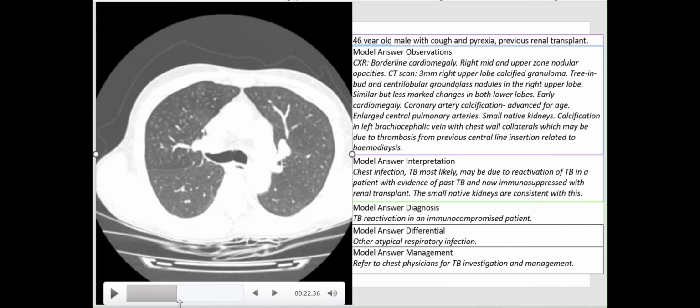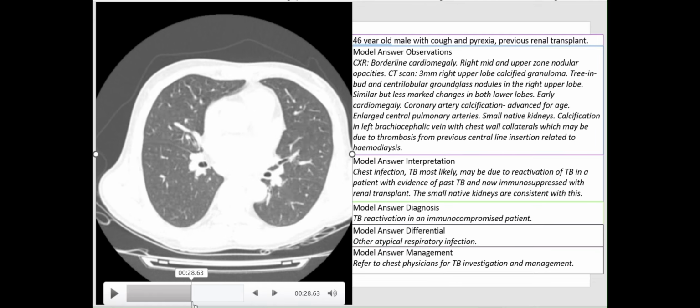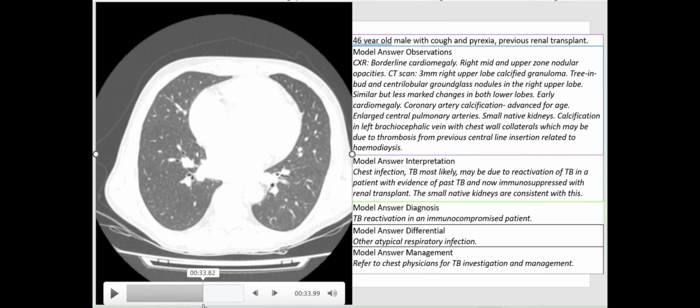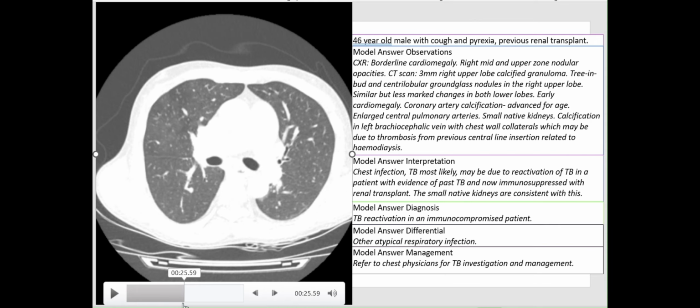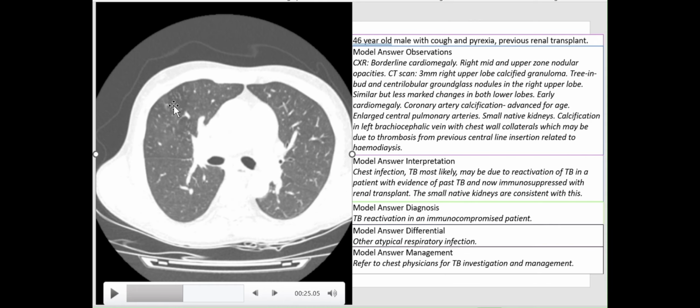Okay, let's see that here again. Can you see this one? Ground glass and centrilobular nodules. This is the difference seen here. Ground glass, and this is the normal.